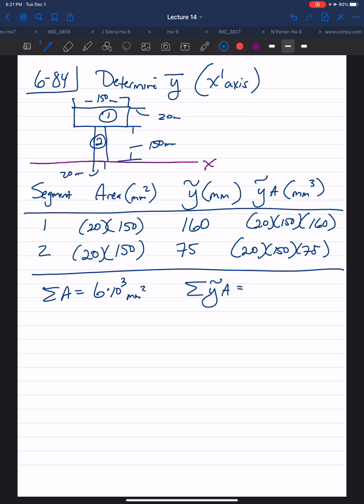This comes out to be 7.05 times 10 to the 5 millimeters cubed.